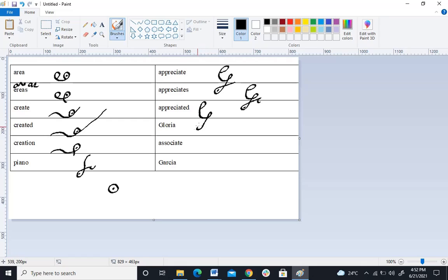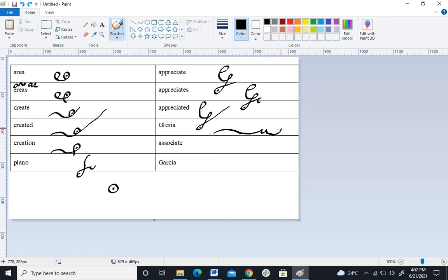Okay, next, Gloria. So, we have G-L-O-R-A-I. So, that's Gloria. Ulitin natin. So, ay nawala. So, we have G-L-O-R-A and then yung ating period sa gitna.